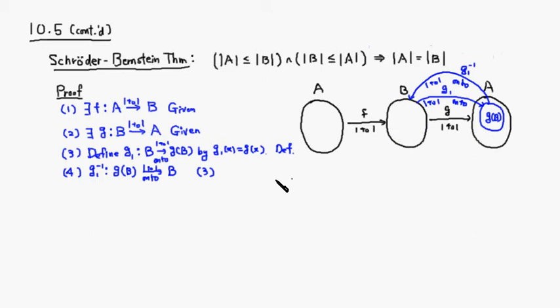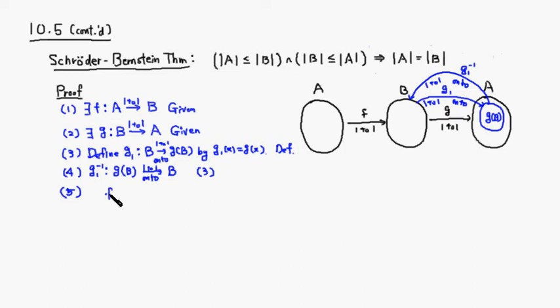Another thing we can do is construct a one-to-one function from A to g of B, which is a subset of A. This is line 5. This is pretty easy to construct because there's a one-to-one function from A to B, and there's a one-to-one and onto function from B to g of B. So we just have to compose them.